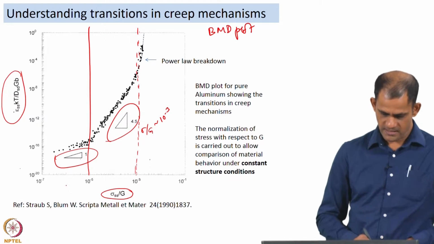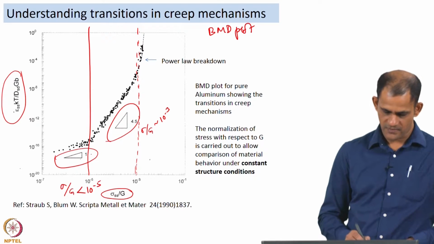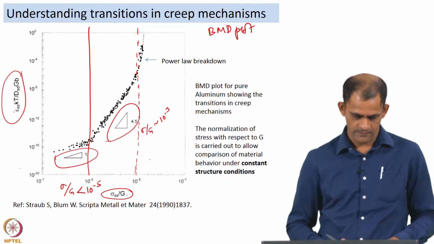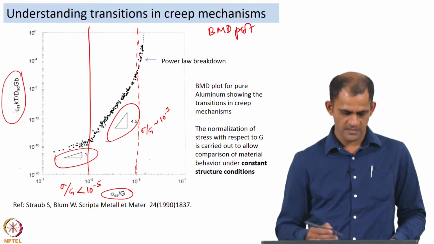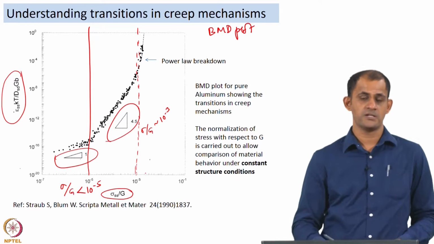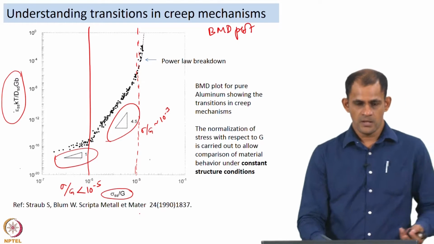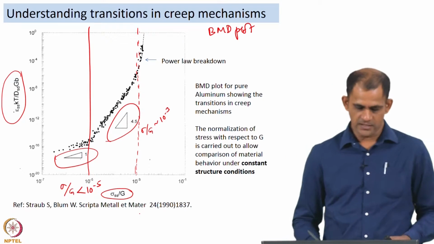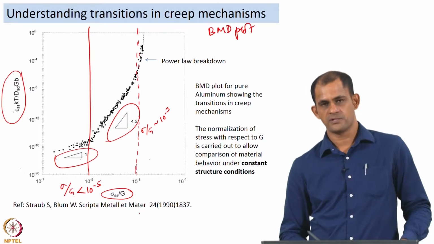At sigma by G lower than 10 to the power minus 5, you are in the n equal to 1 regime, and then between 10 to the power minus 5 and 10 to the power minus 3 approximately, you are in the n equal to 4.5 regime, and so on, and at higher stresses you go into the power law breakdown regime.